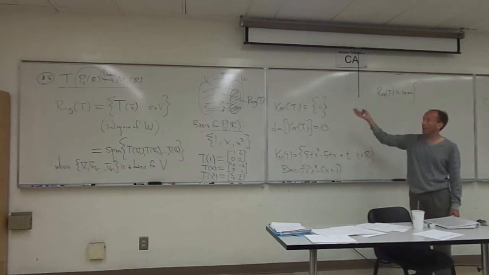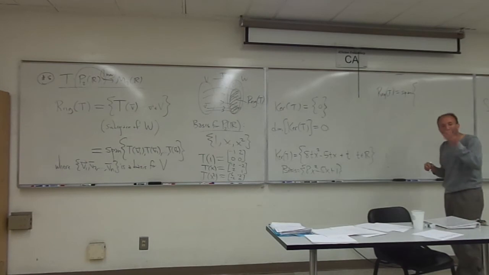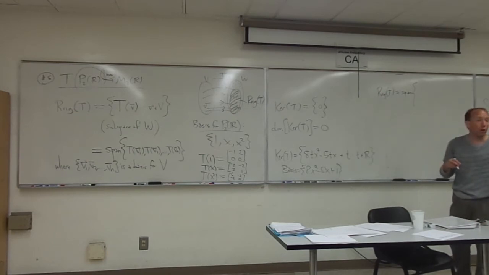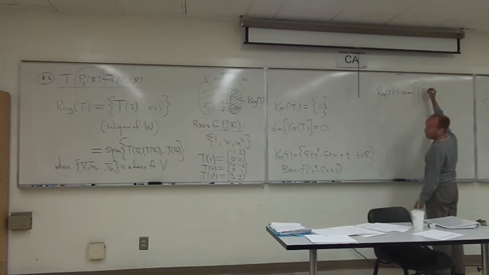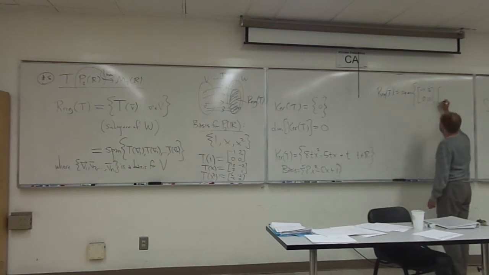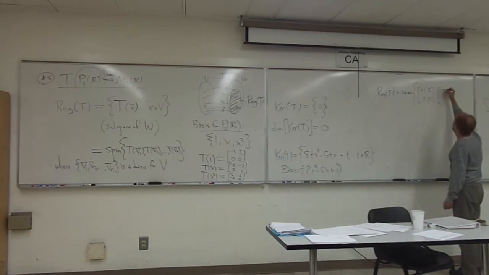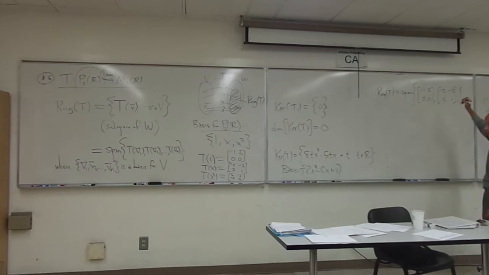If you believe my definition over there. It's just the span of the transformed vectors that we just computed. So -1, 2, 0, 0, comma, -2, -2, 2, 1, comma, 6, -2, -2, 0. It's that.